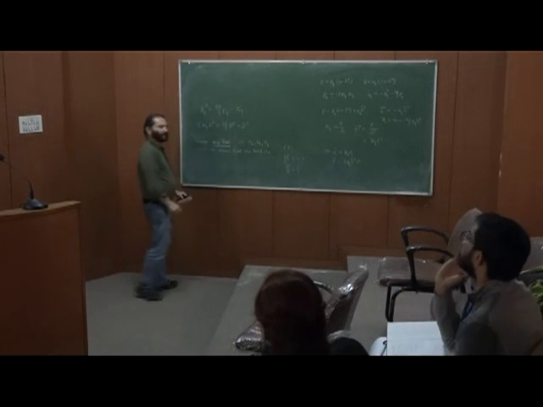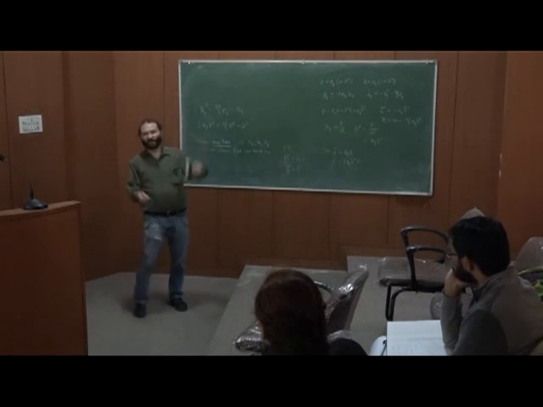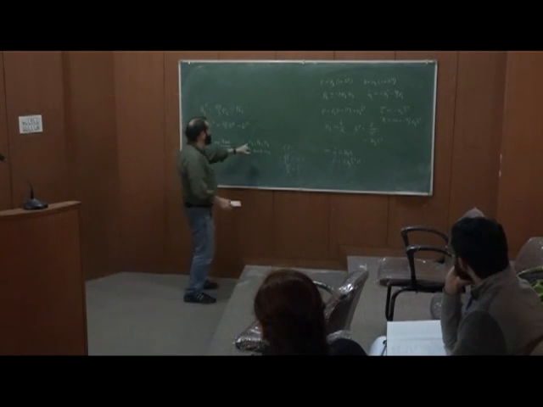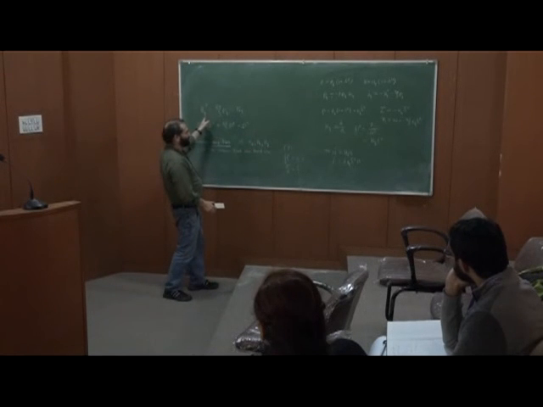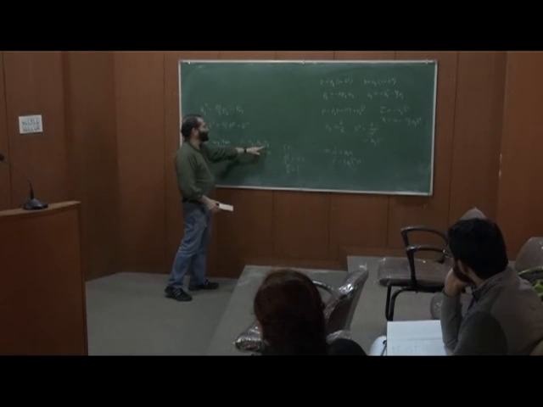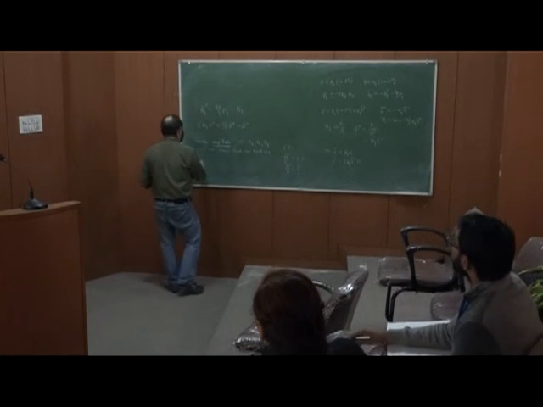Given any two of them, you always find the third. If you have rho Q and KQ, you find H. If you have HQ and KQ, you find rho. Right? And the same thing here.